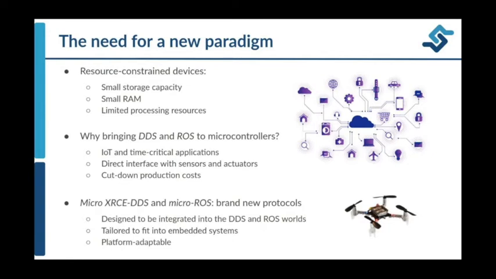So what are the benefits of bringing DDS and ROS to these systems that have constrained resources? So basically, the main aspect that can be seen is that the software functionalities in an embedded system are much closer to the hardware, meaning that they can be more directly interfaced with sensors and actuators that, of course, are critical in the IoT and robotic usages.